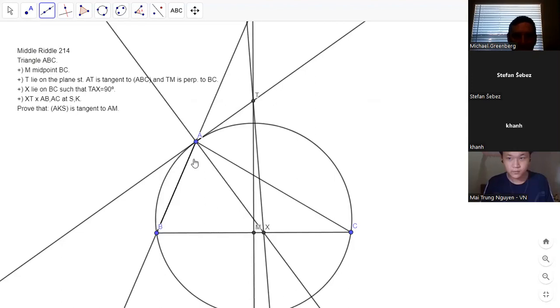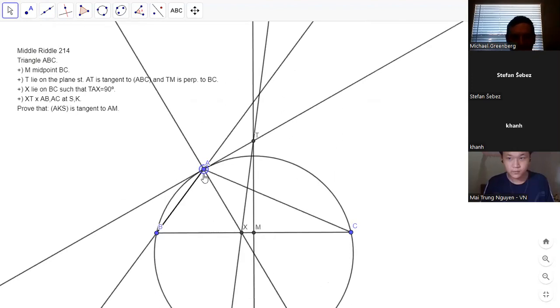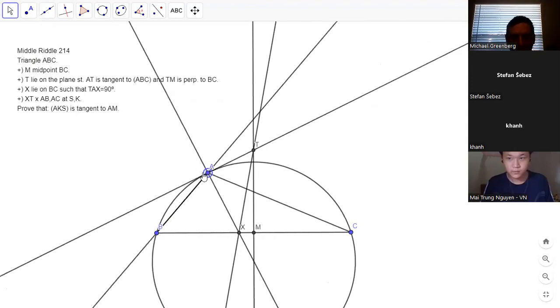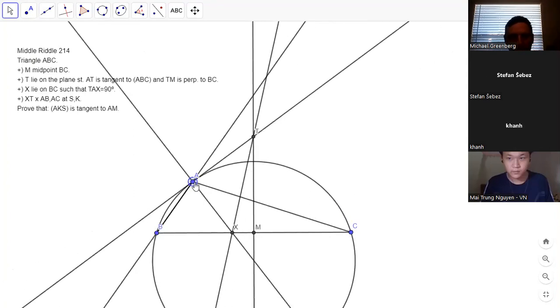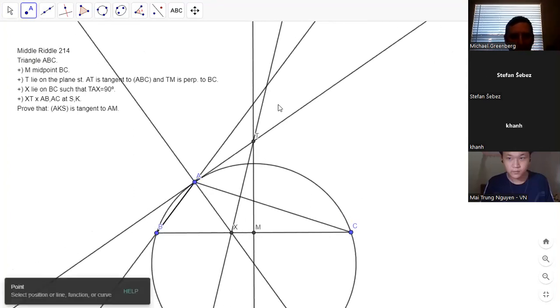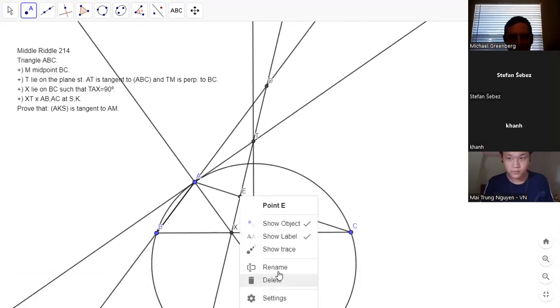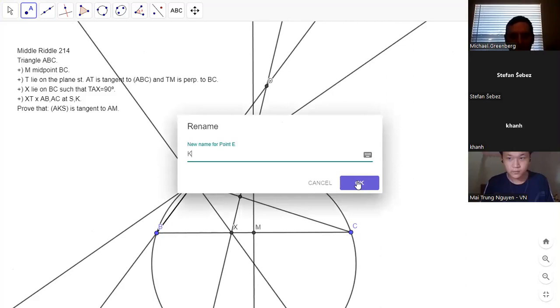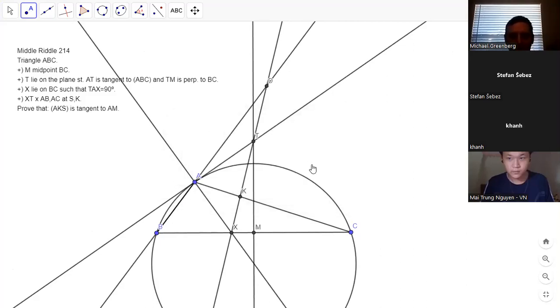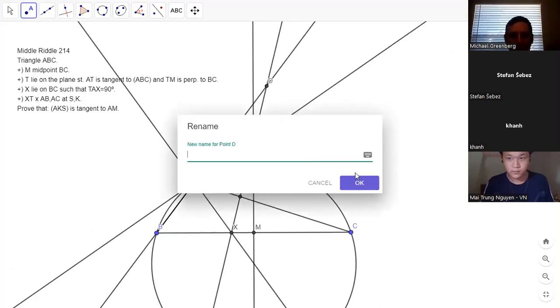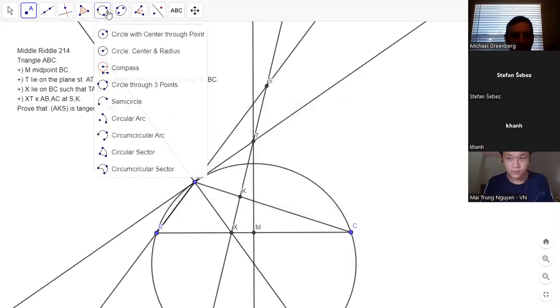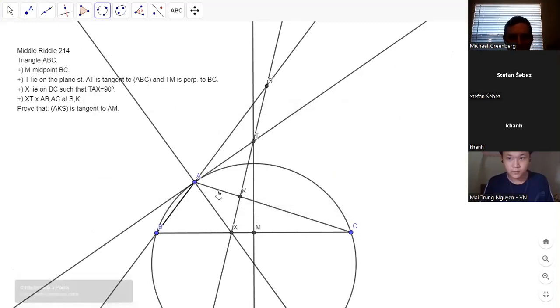Okay, so maybe I'll draw it like this instead. Something like that. XT meets, so this is K and S. And here's the circle. We want to show AM is tangent to it.